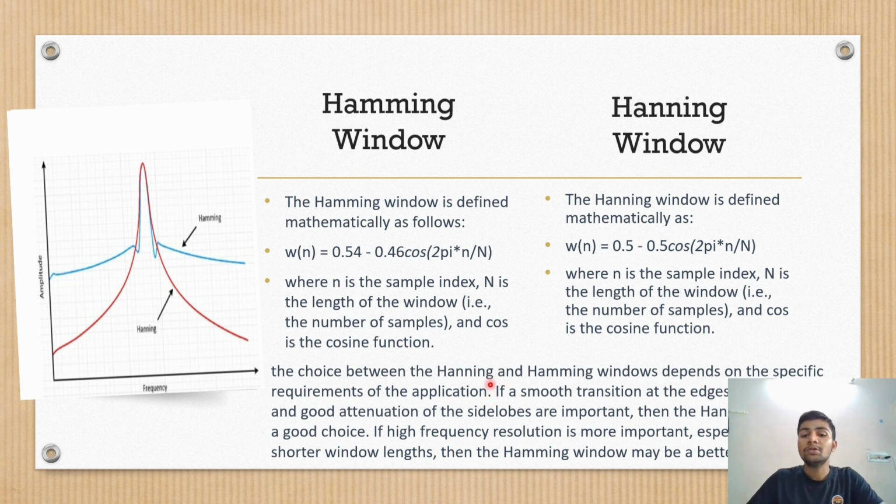If we want a smooth transition at the edges of the window and good attenuation of the side lobes, then we will prefer Hanning window. But if high frequency resolution is more important, especially for shorter window lengths, then we will prefer Hamming window. Here in this picture you can see that our Hanning window side lobes there is less ripples.